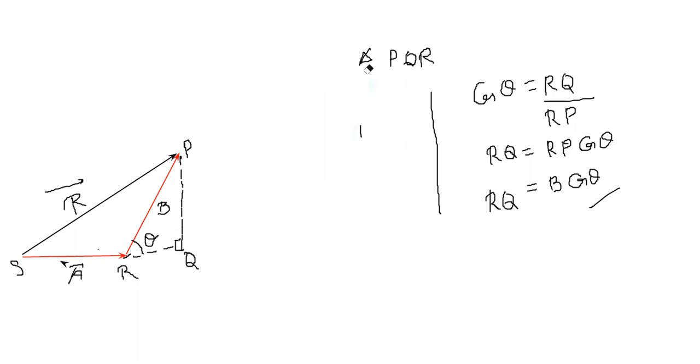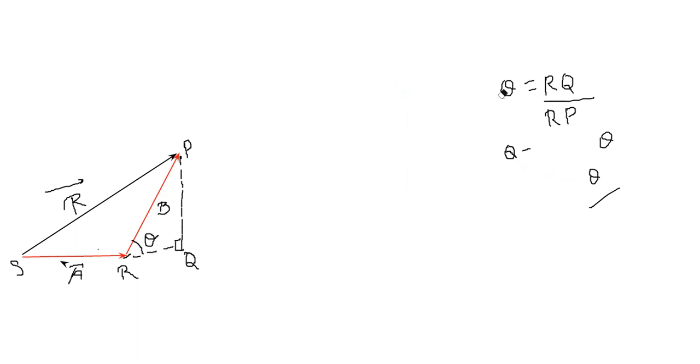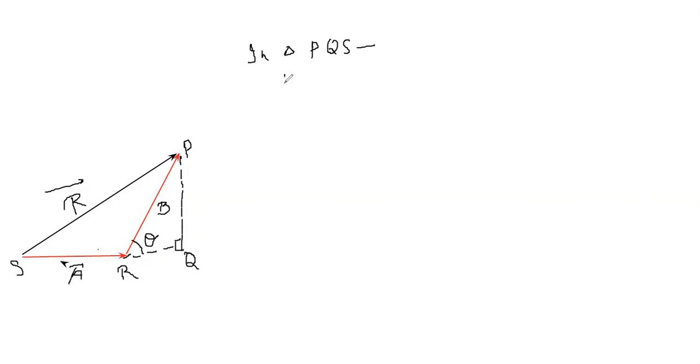If we apply the Pythagoras theorem in triangle PQS, we get PS square equal to QS square plus PQ square.